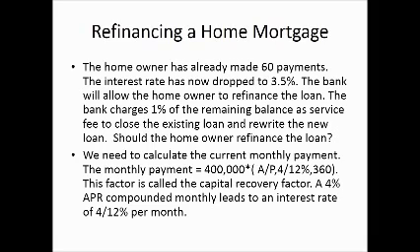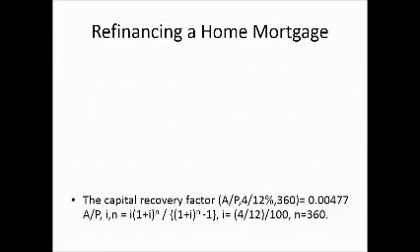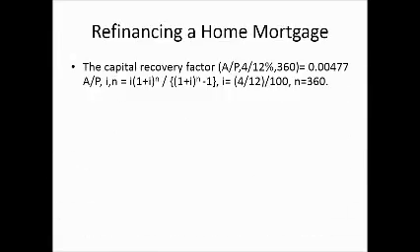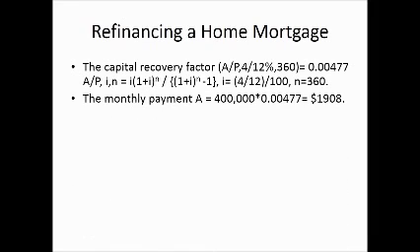So that factor, capital recovery factor, comes out to be 0.00477. The equation is given there. You can find it in any standard book on engineering economic analysis. So the capital recovery factor is 0.00477. So monthly payment, what you're paying now, is $1,908 per month.